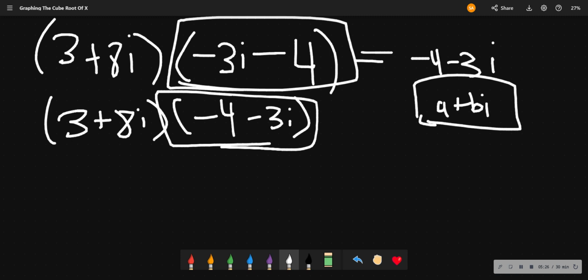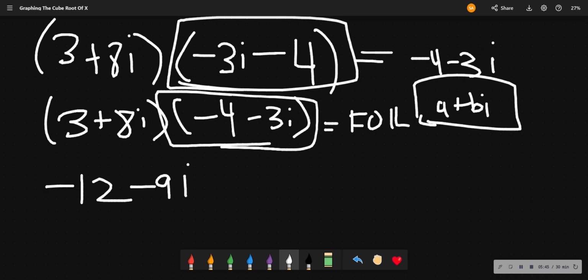Okay, anyway, if you know how to multiply by FOIL, you'll just use FOIL for this one. So 3 times negative 4 is negative 12. Negative 12, we put that down here. Now, 3 times negative 3i would just be negative 9i. 8i times negative 4 is just negative 32i.